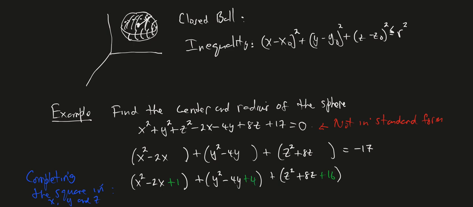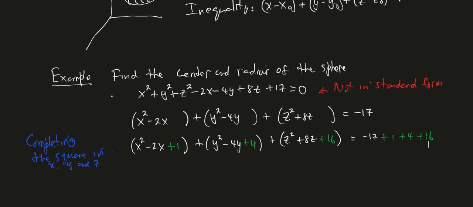But look at this. I had an equation, so I can't just add a 1, a 4, and a 16 on the left-hand side and not do anything on the right-hand side. So I have to balance it. I have to add the 1 and the 4 and the 16 there as well. All right. So now this is a perfect square, and this factors as x minus 1 squared.